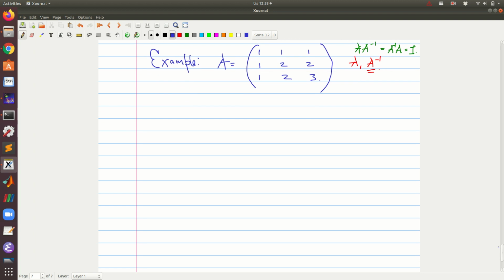So we have the matrix augmented with the identity. We are going to have the matrix 1 1 1, 1 2 2, 1 2 3, and then augmented with the identity 1 0 0, 0 1 0, 0 0 1.